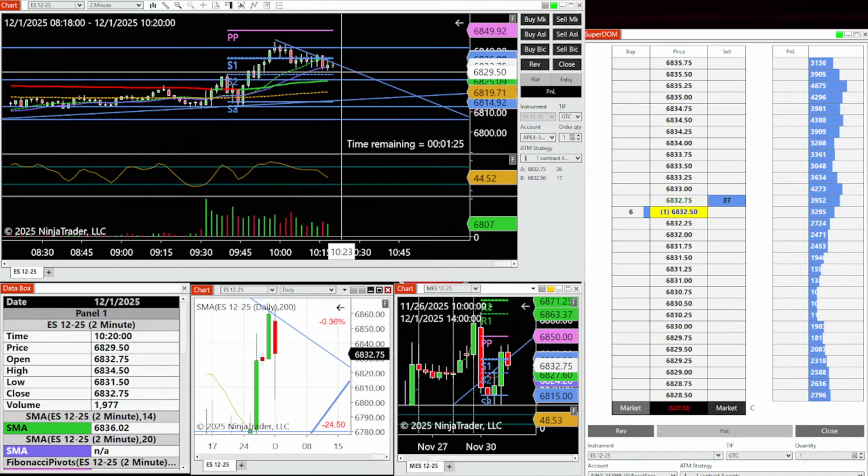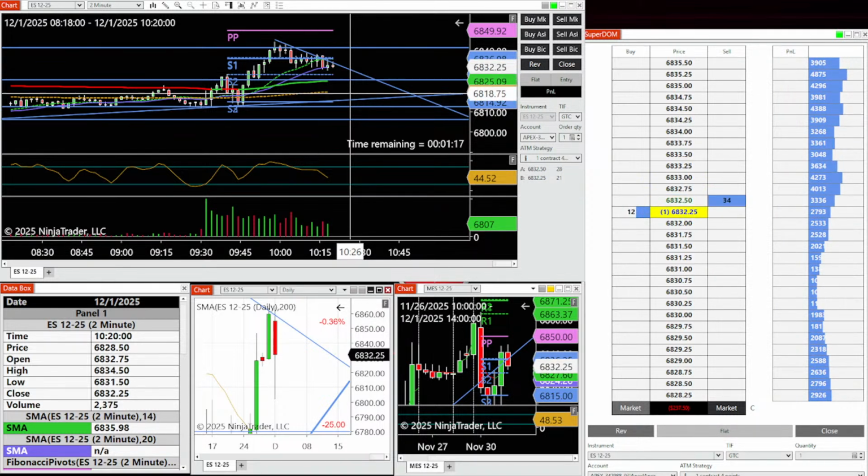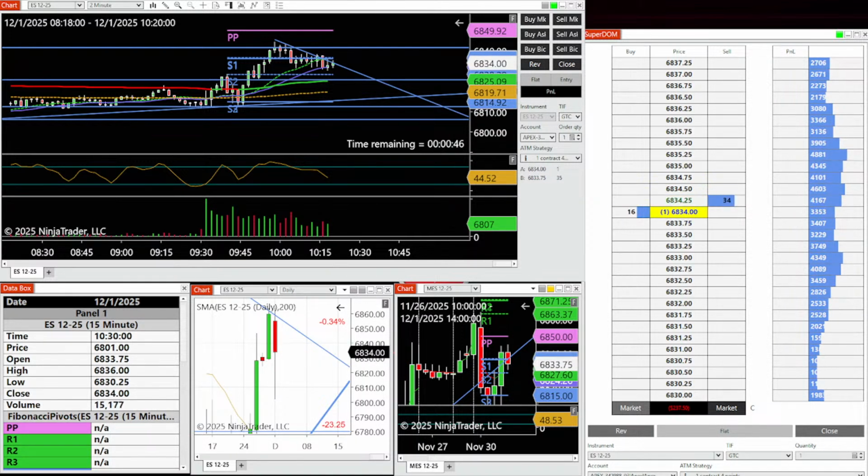This could be the back end of the squeeze. Let's see if we make a move.